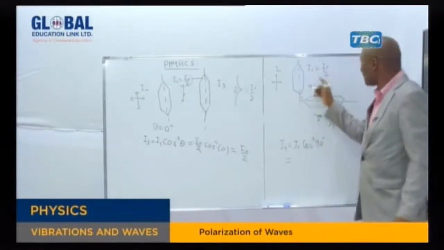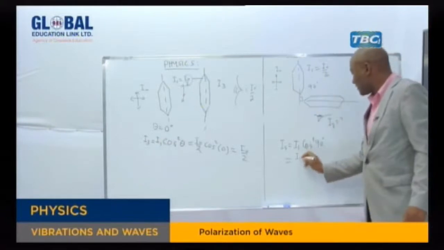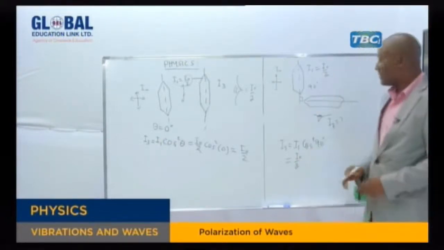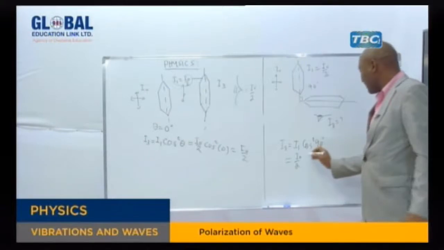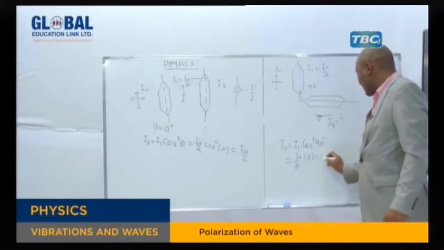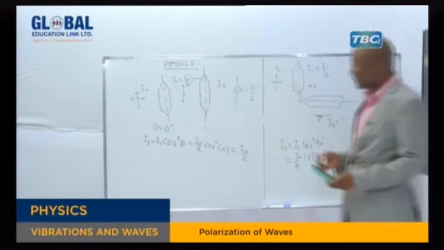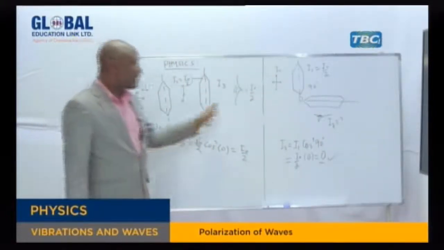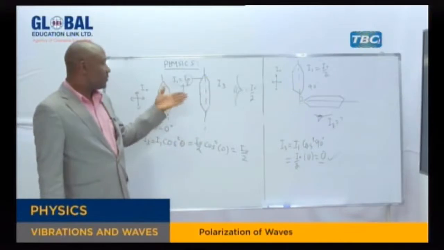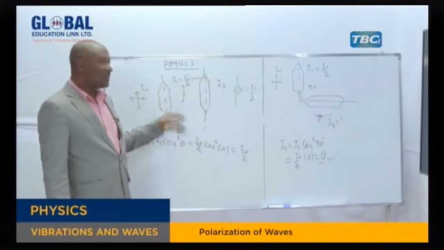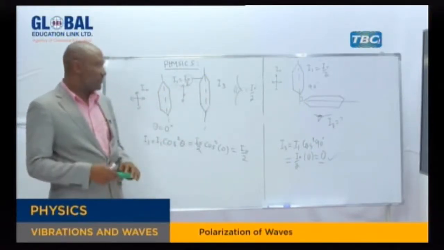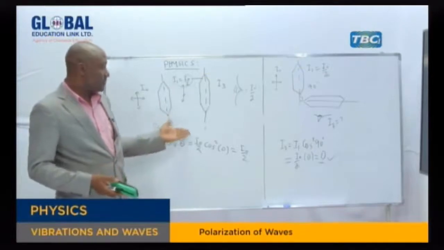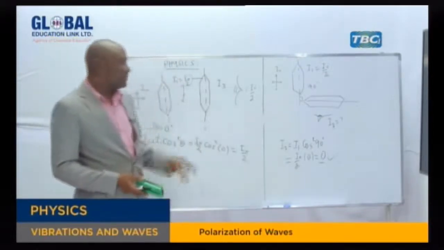Our I1 here is I naught over 2. Cosine of 90 is 0. So that gives 0. Very wonderful. You can see now, you can use this theorem to find the intensity of the light transmitted through different polarizers at any given angles. So that's how Malus's theorem is applied for these cases.